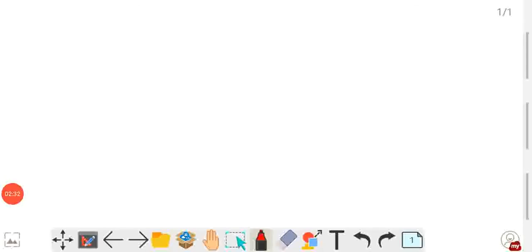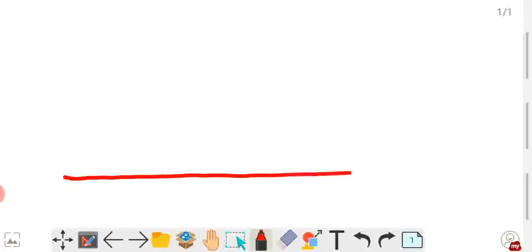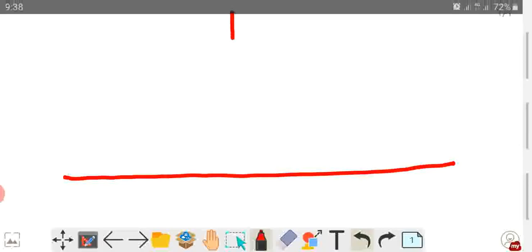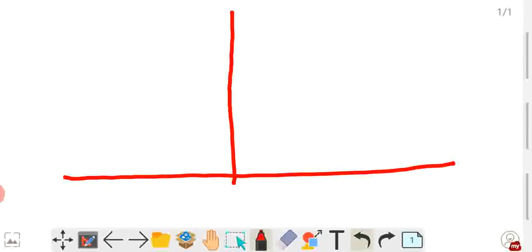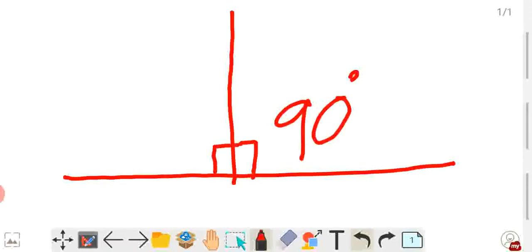Now look here. We can draw a straight line like this, and another line intersecting perpendicular to the first line. Then here we get two angles. One is this one. This is a right angle, that is 90 degrees. And here there is another angle, that is also 90 degrees. These two angles are called linear pairs.